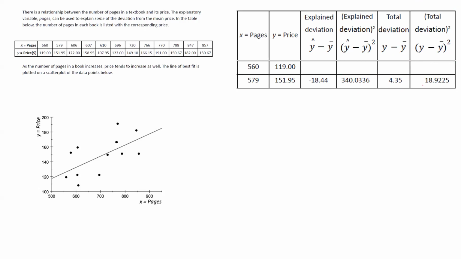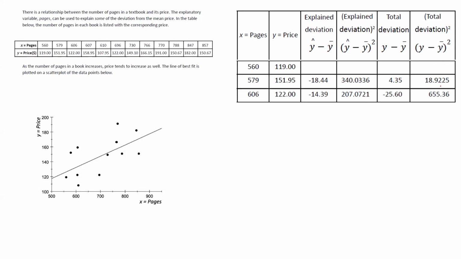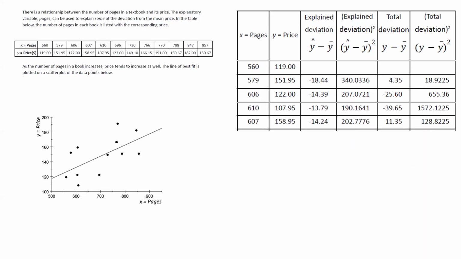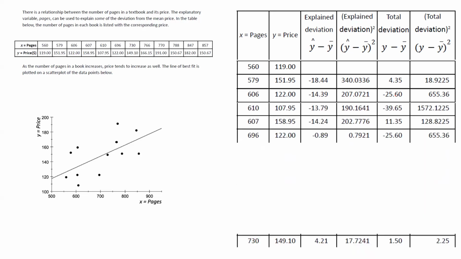When you raise it to the second power, you get 18.9225. Next set, 606, with price 122, which is negative 14.39. And then you have 207.0721 and the rest. We can basically calculate the explained deviation and total deviation. For each one of these, you're going to do the calculation.